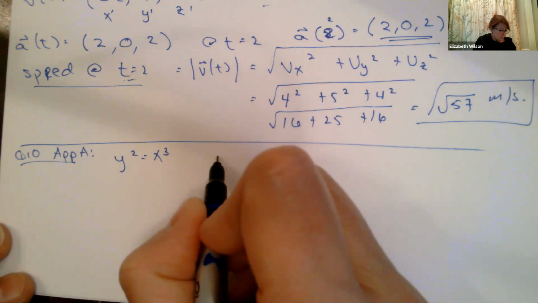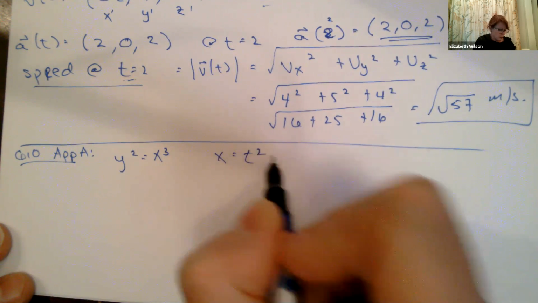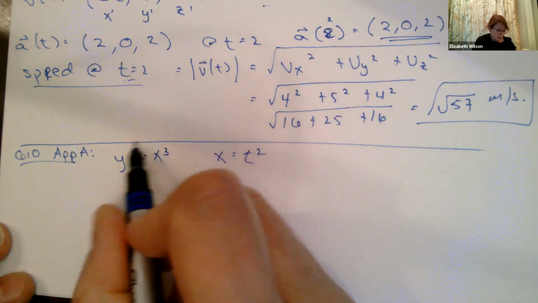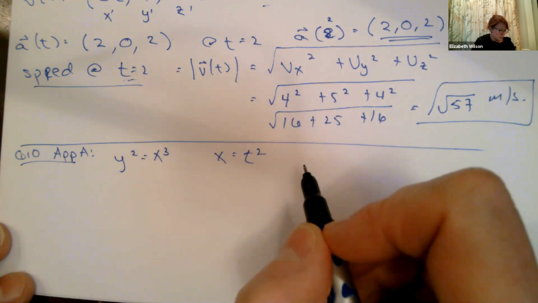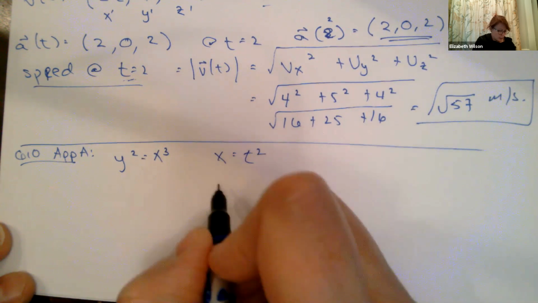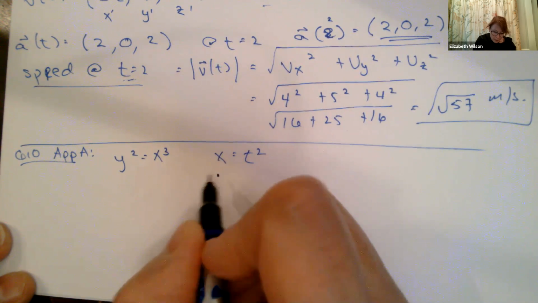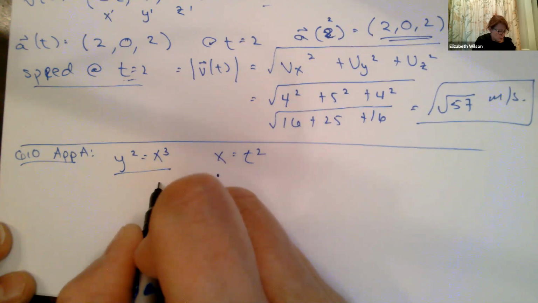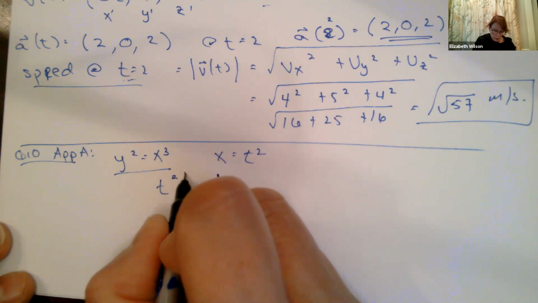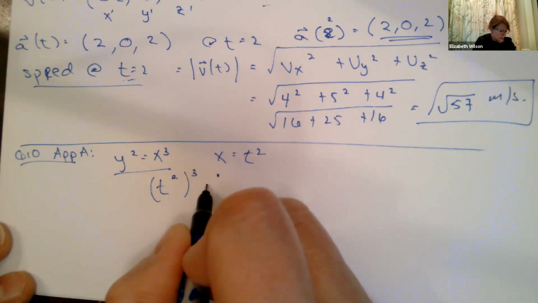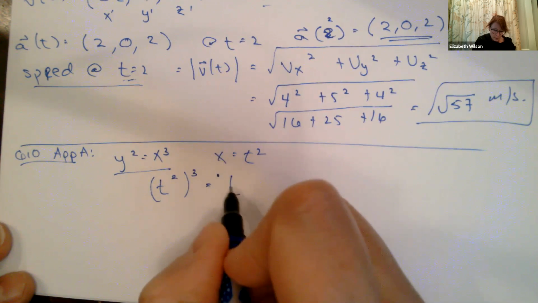So if I do x equal to t squared, then that'll maintain this range here. So if I plug it into this, t squared cubed is going to give me t to the 6th.